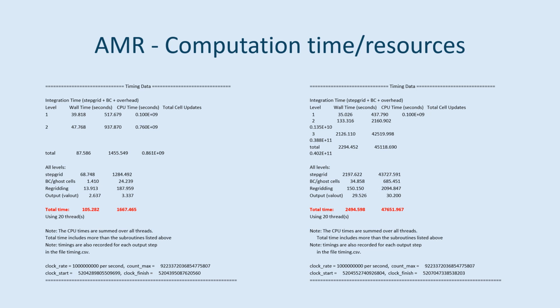On the left is the original with the more coarse grids, and it took a total of 105 seconds to complete all the calculations of the simulation. On the right, just by changing it from 6,750 meter resolution to the 1,687 meter resolution, the time jumped from 106 seconds to 2,400 seconds, which is about 40 minutes.